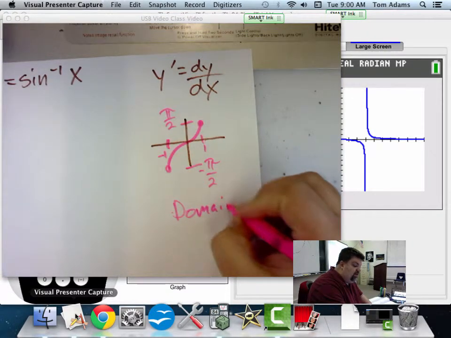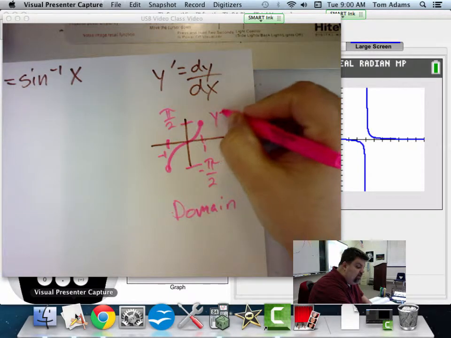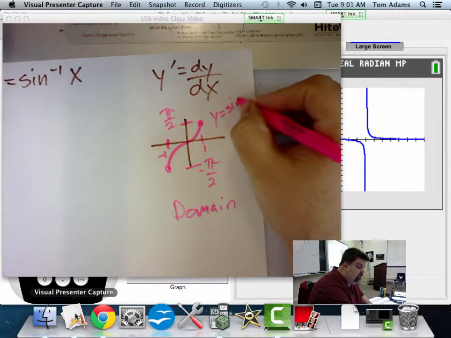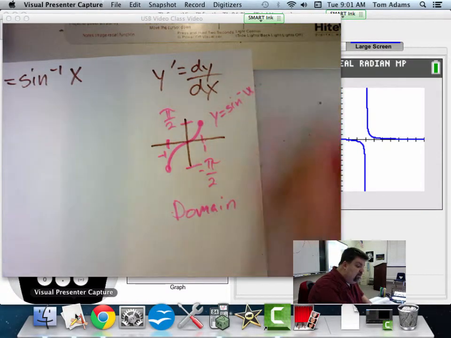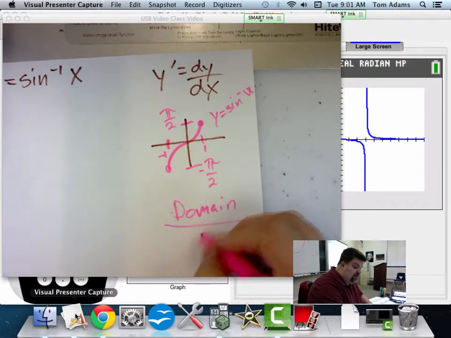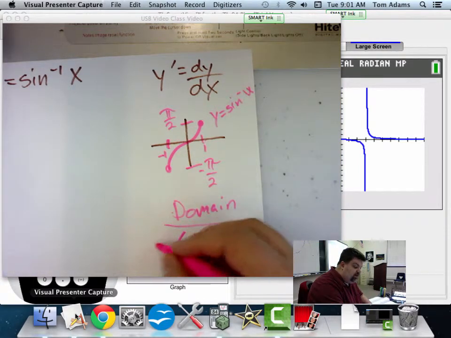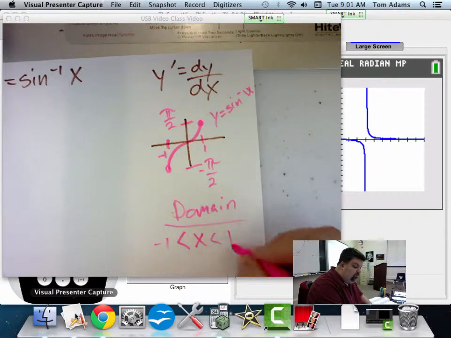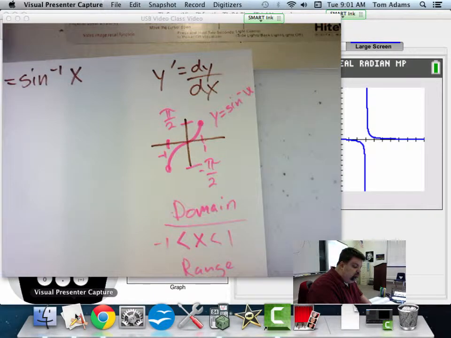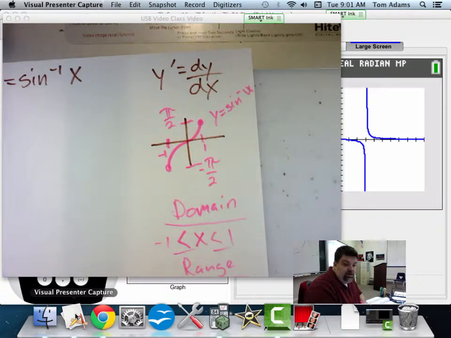This is y equals arcsine of x. The domain x is trapped between negative 1 and 1. And then the range, our y values, are from negative pi over 2 to pi over 2. And those are inclusive.